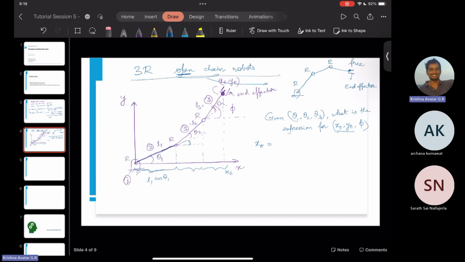From the transversal law, as you have learned in high school, this angle will be the same here as well. So this angle is also equal to θ1.